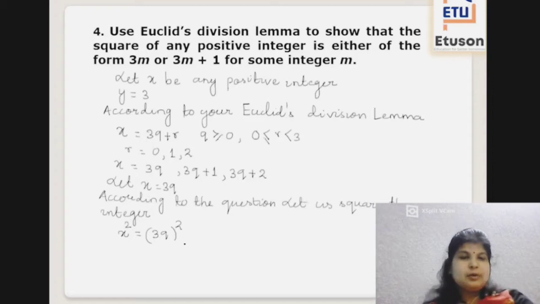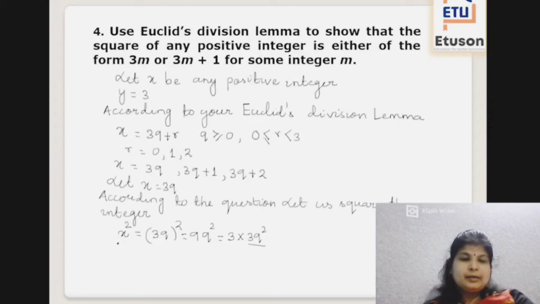So what is 3q whole square? That is 9q square. Correct or not? So the value will be 3 into 3q square. Now can I replace this 3q square by m?